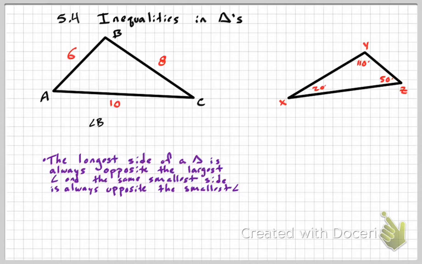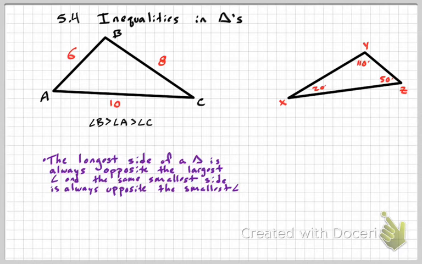Our next longest side is 8. Side 8 is across from angle A. So angle A would be our next largest. So that's saying angle B is greater than angle A. Then finally, our smallest side is 6, which is across from angle C. So that means our smallest angle is angle C.